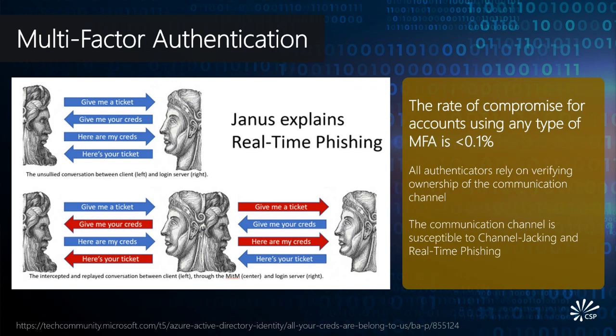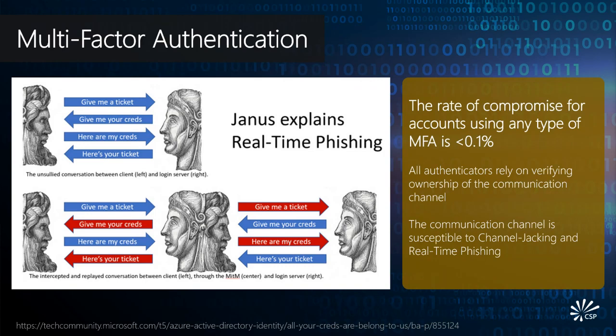Attackers are going to have to adjust. They're going to evolve as well. So they're going to start exploiting things like what we're going to talk about here with channel jacking and real-time phishing.